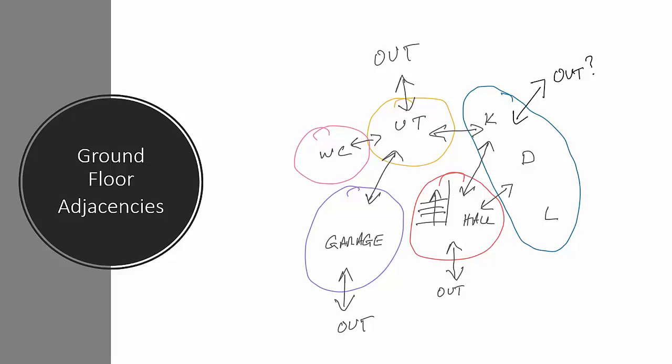The utility room should certainly be close to the kitchen. It may be that you want to have an external door from the utility room out. It may be that you want to place the WC with the downstairs toilet as required in Northern Ireland regulations. You might want to place that beside the utility room. Alternatively, you might want that near to the front door.